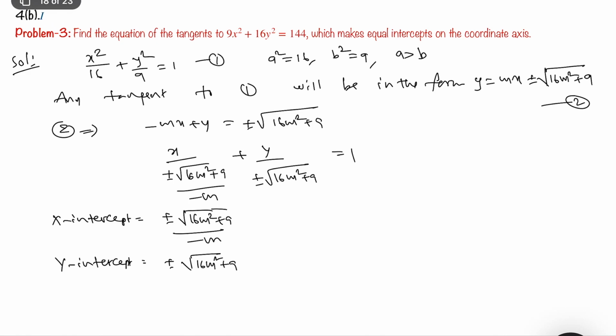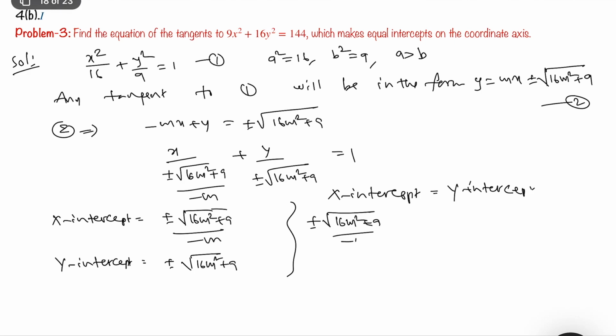Now we are looking for tangents which make equal intercepts with the coordinate axes. That means we have to look for values of m for which x-intercept equals y-intercept. So ±√(16m² + 9) by -m equals ±√(16m² + 9).